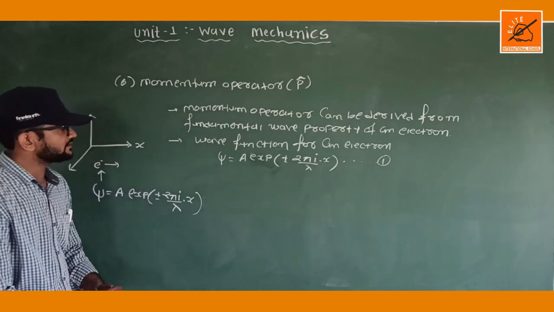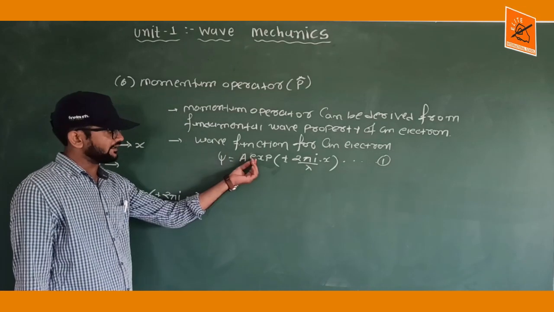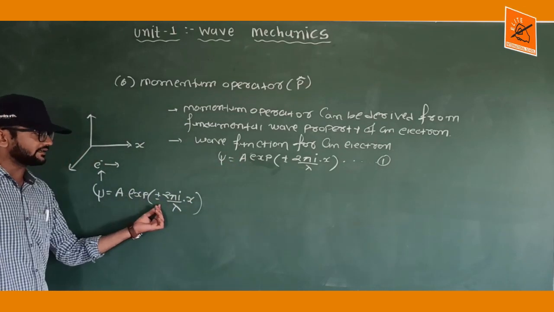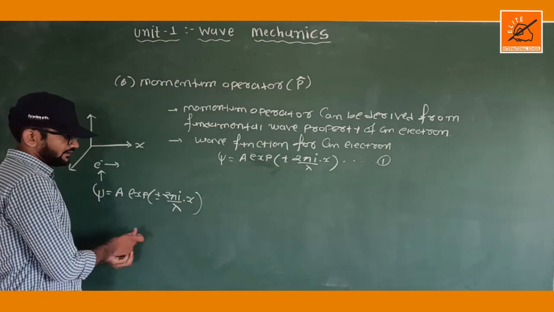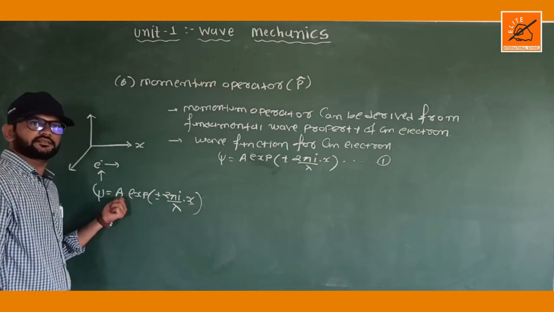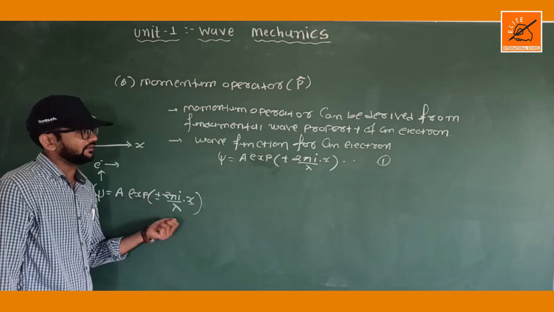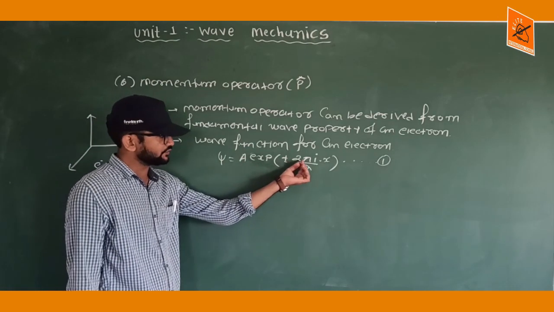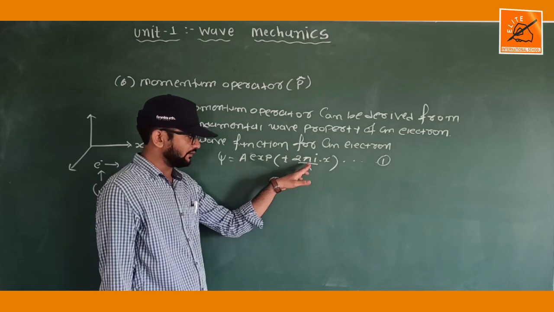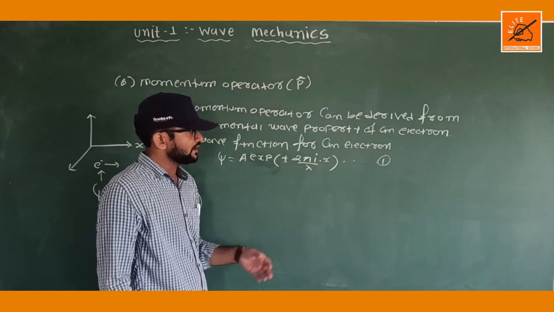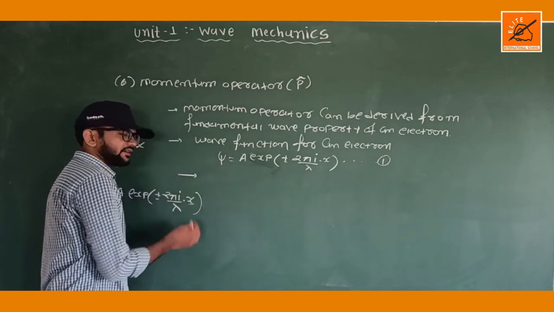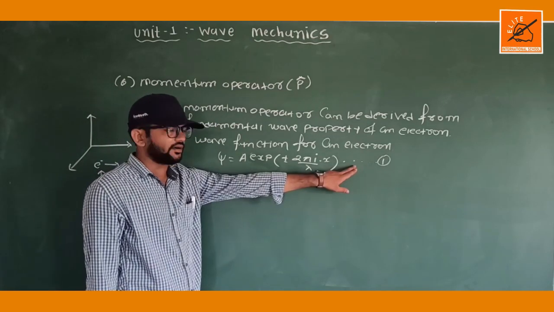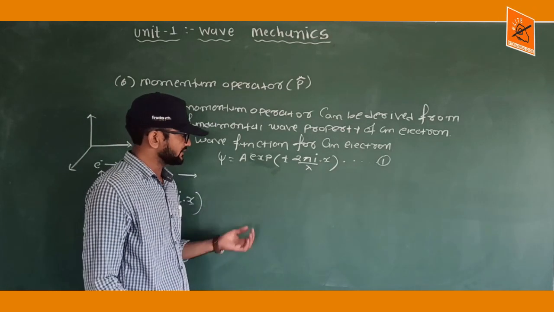This is the general wave function of an electron traveling along the x direction. The variable is x, A is constant, exponential is a mathematical function, plus or minus 2 pi i upon lambda, where lambda is the wavelength.